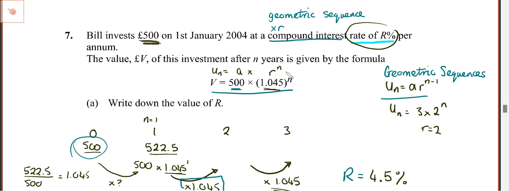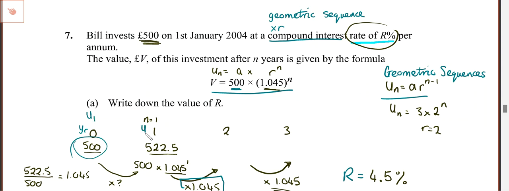Now, one thing for everyone to realise, ladies and gents, do you remember there's one important difference between a financial situation and just a geometric sequence? So this is year 0, but if it was just a geometric sequence, it would be year 1.